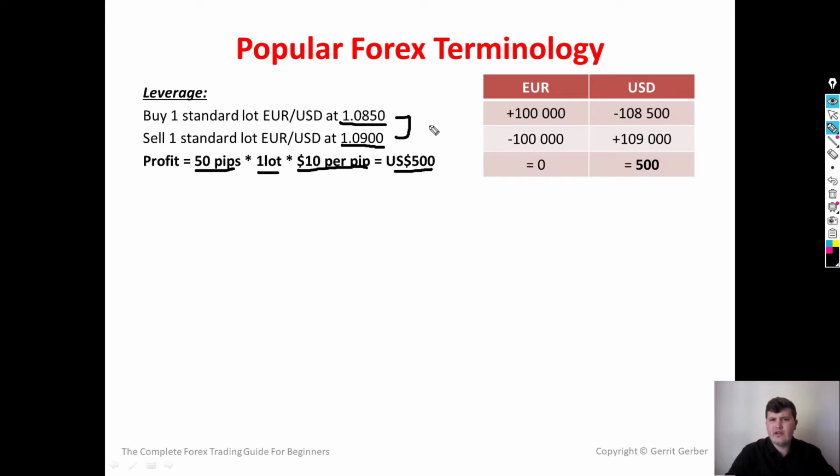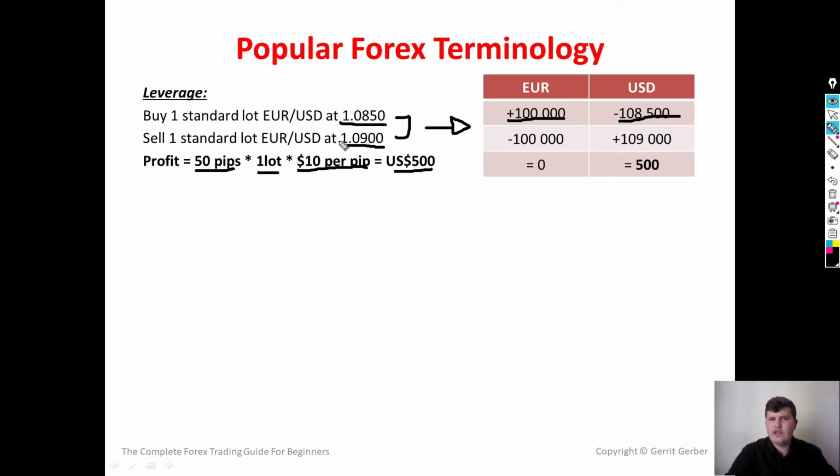This is shown in a different, more linear way. By buying one standard lot of Euro USD, you buy 100,000 euros and you pay with the quote currency, the dollar, $108,500, equal to this quote for the one lot of Euro USD.